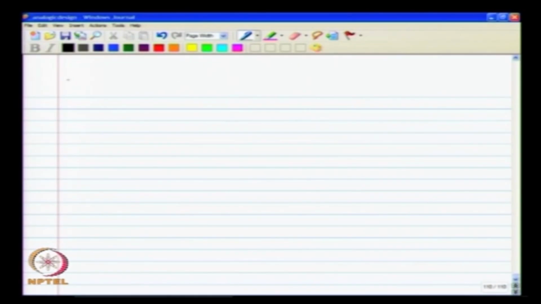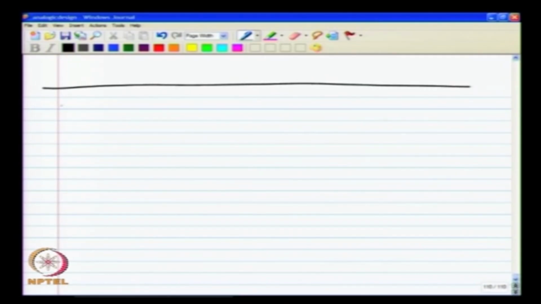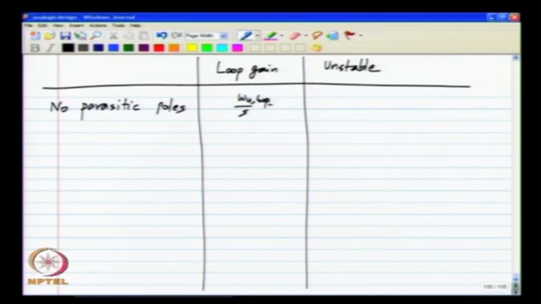So, let us say we have the case where there are no extra poles. This is the ideal case that we had considered, and in this case the loop gain is omega u loop by s or omega u by k divided by s. Let me write it more clearly.